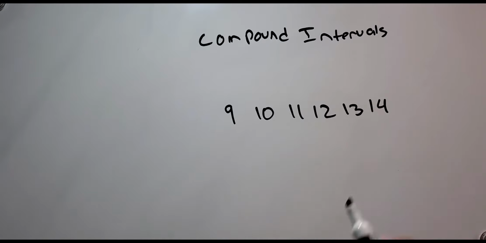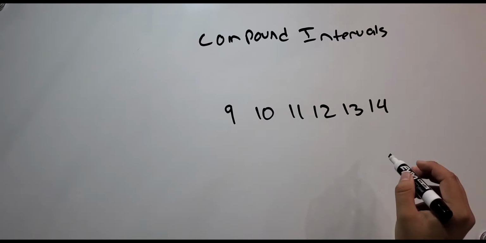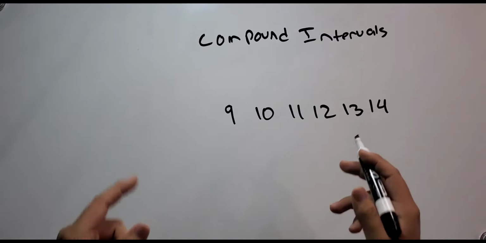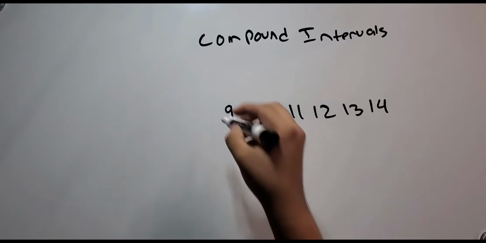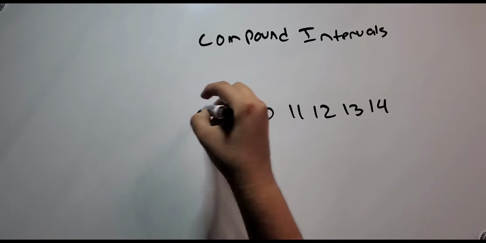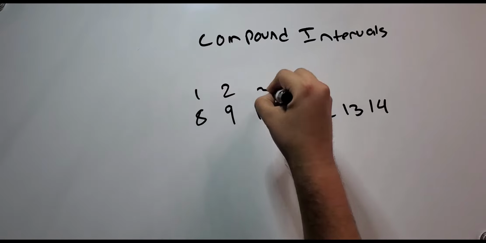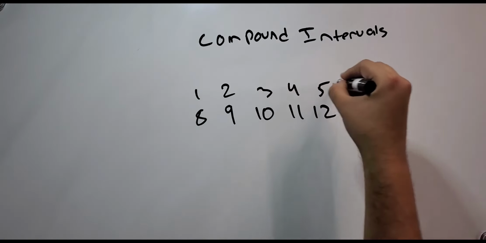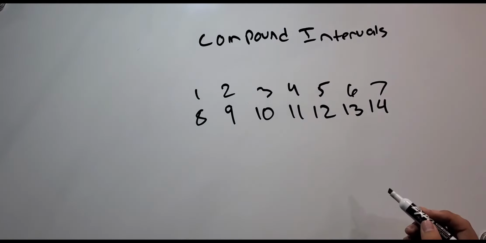Okay? Now, the way we figure these out is that we use the scale degree numbers that we are already familiar with, such as, we just have the 8 over here, the 1, 2, 3, 4, 5, 6, and 7. Okay?